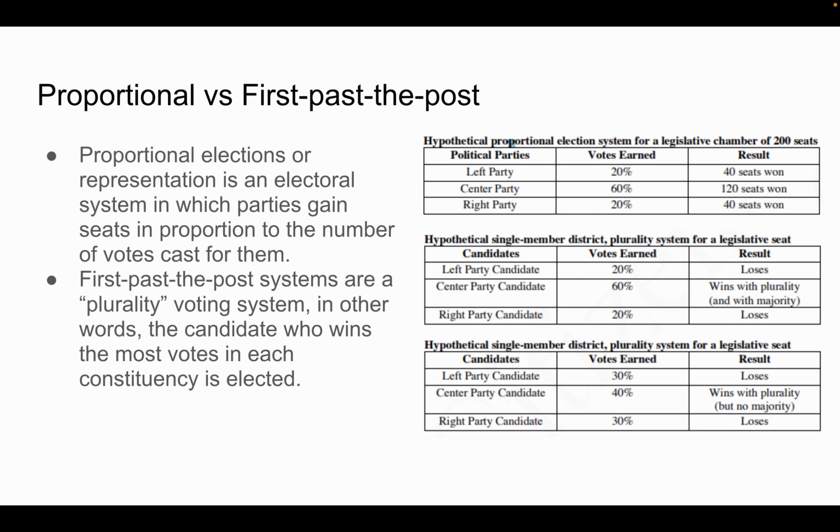In single-member district plurality systems, the one candidate with the most votes in the district wins the sole representative seat. This is the same system we have here in the United States, where the state is divided into both state and federal legislative districts, and each district has one representative.